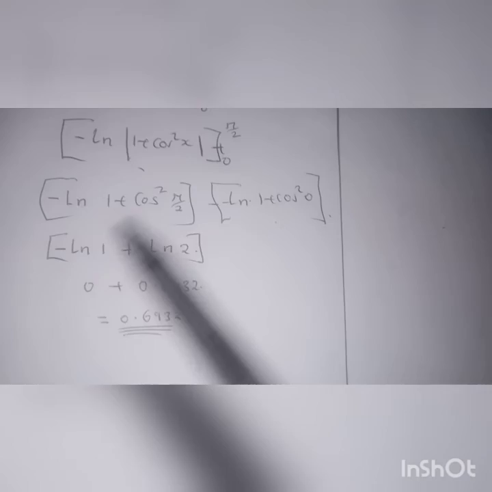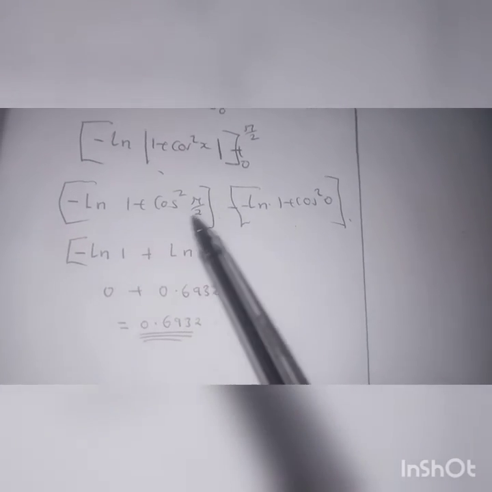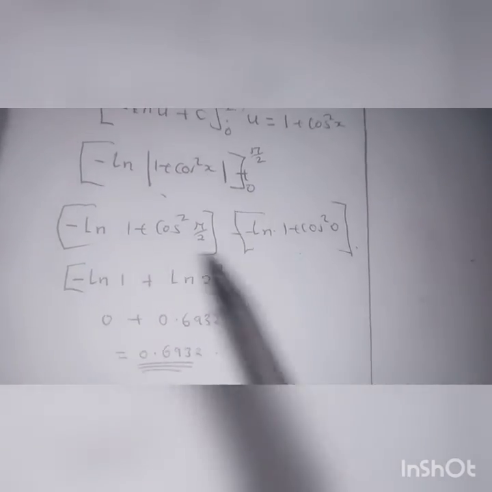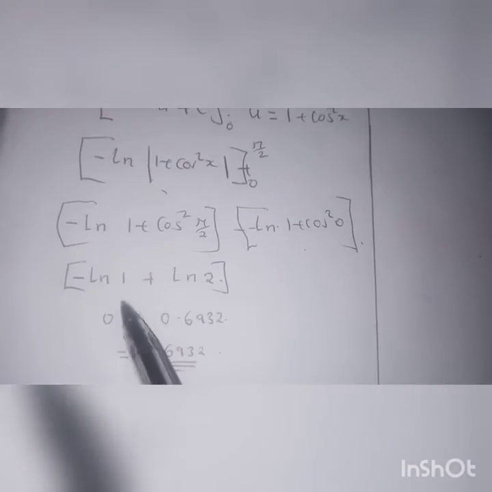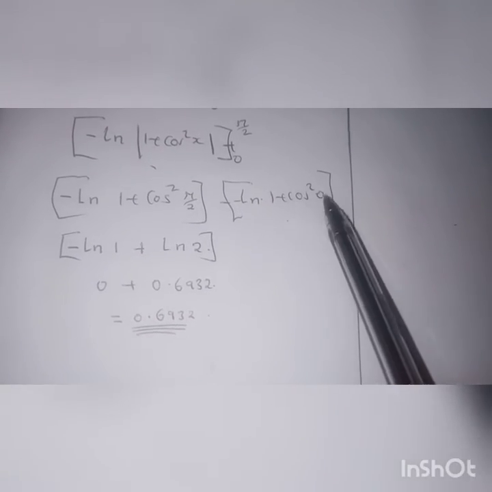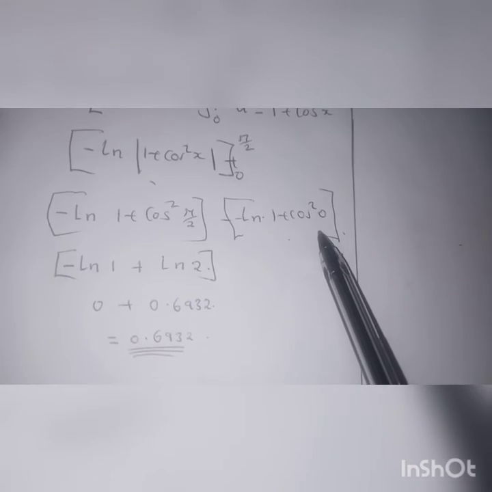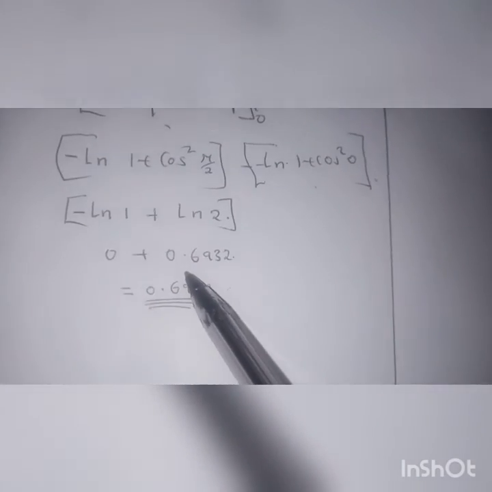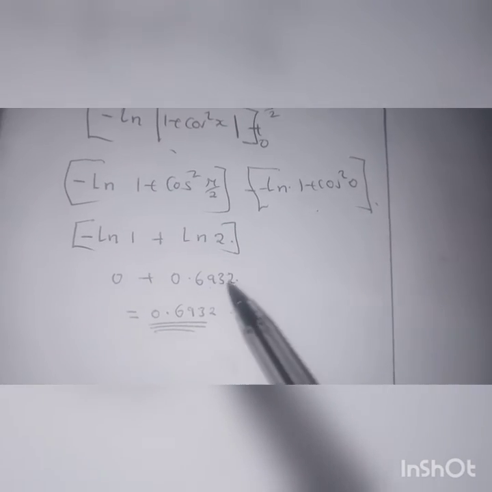Now, after substituting, we end up with the cos of pi over 2 is 0. When we square it, 0 squared is 0. So 1 plus 0 will remain with 1, and cos of 0 is 1. 1 squared is 1. 1 plus 1 is 2. The natural log of 2 is 0.6932.